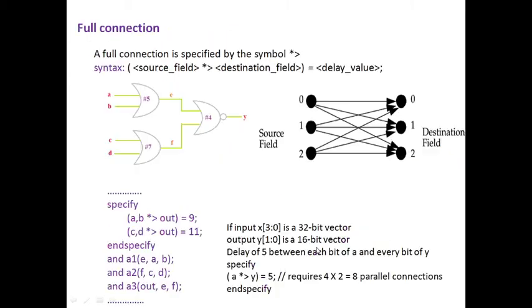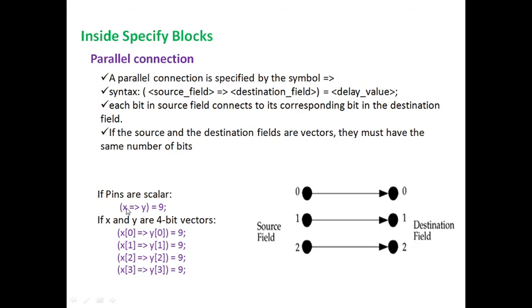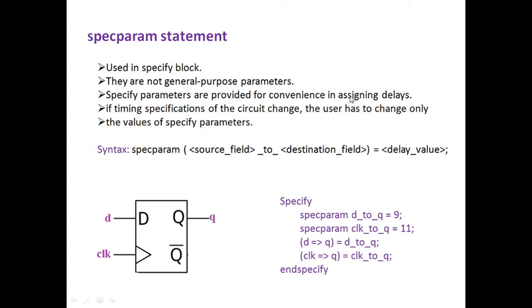So we know the syntax of parallel connection, that is source field equal to greater than destination field. What is the delay value that will be specified here? From D to Q it is 9 seconds of time. From clock to Q it is 11 seconds of time. So for example, in future, if the D to Q and clock to Q paths provide some other delays that do not match the previous values, we can just make a change here itself.